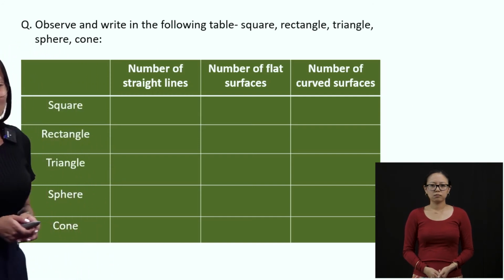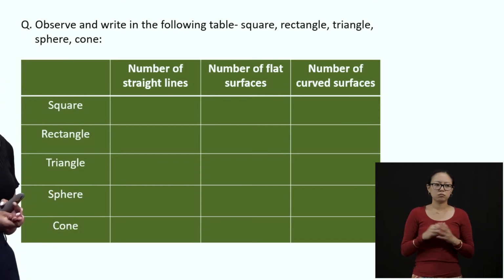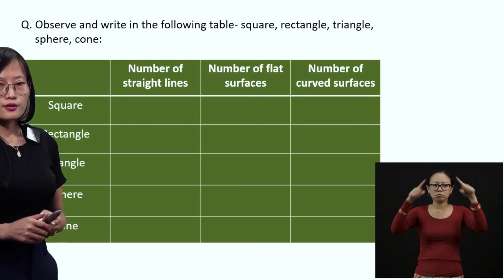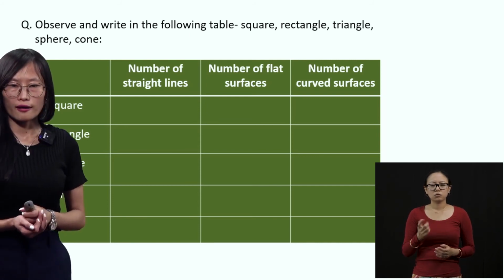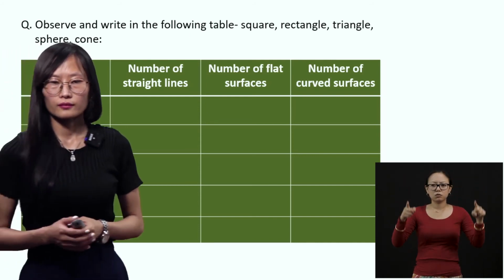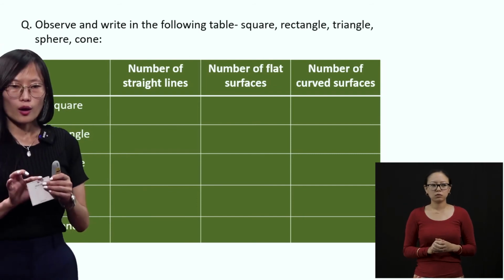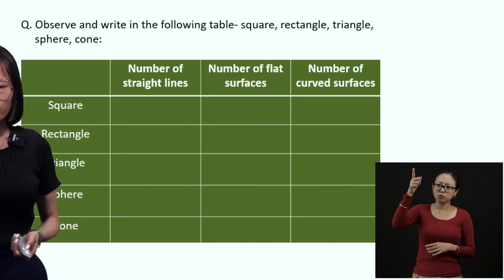Let's do one more exercise, that is observe and write the following table: square, triangle, sphere, and cone. Like I have shown you in the picture, number of straight lines. In a square, how many straight lines do you have? You have 4 straight lines. 1, 2, 3, and 4. So you will write 4.